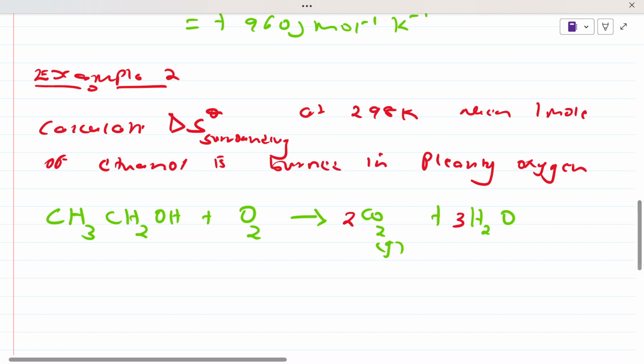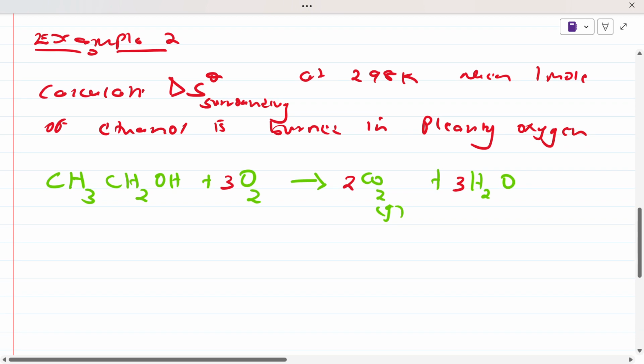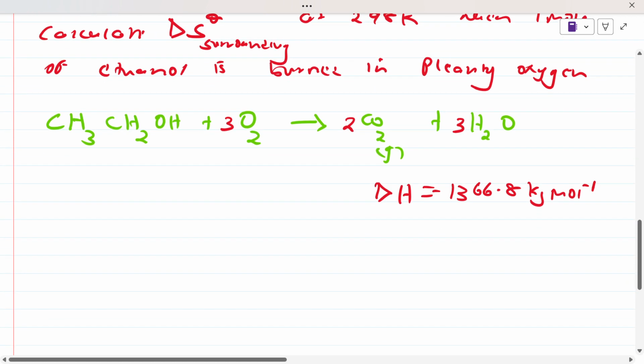And I have 7 oxygens on the other side, so I need to make the oxygens on the reactant side 7. So I simply introduce a 3 here. So we are given that this whole reaction has a delta H of negative 1366.8 kilojoules per mole. Meaning whenever such a reaction occurs, that is the amount of heat that is given out.